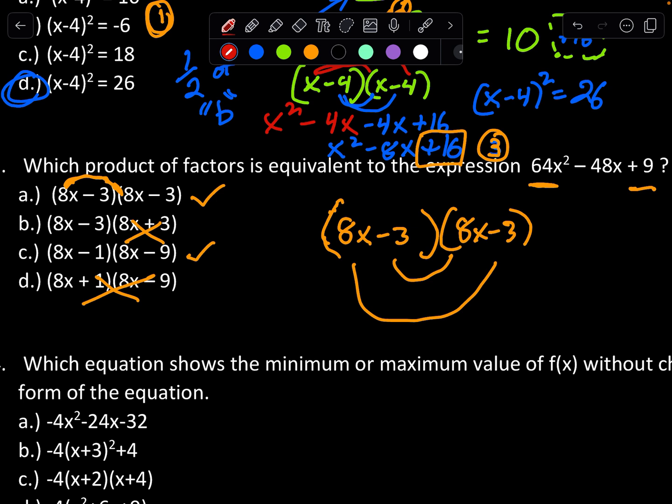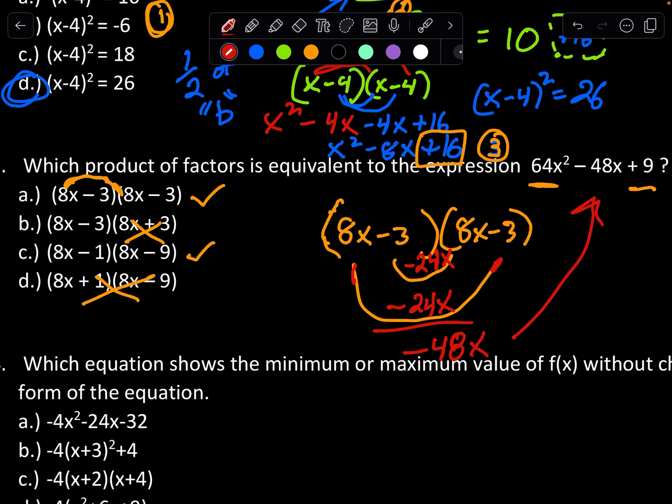Little smiley, that's your inner product. Negative 3 times 8x is negative 24x. And then here's big smiley, and that's the outer product, the outer two terms. 8x times a negative 3, that's another negative 24x, and that adds up to be negative 48x. So that's what I need for my middle term.